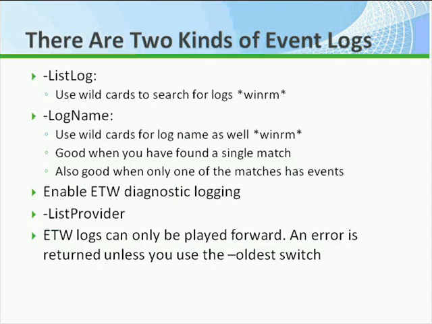We can use the list provider to get an idea of the provider names, and we can find the different logs that we have. These logs tend to have very long names, so a lot of times I like to do a search to find them rather than attempting to type them in.